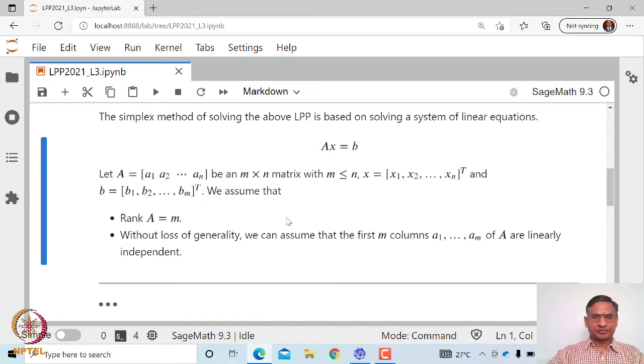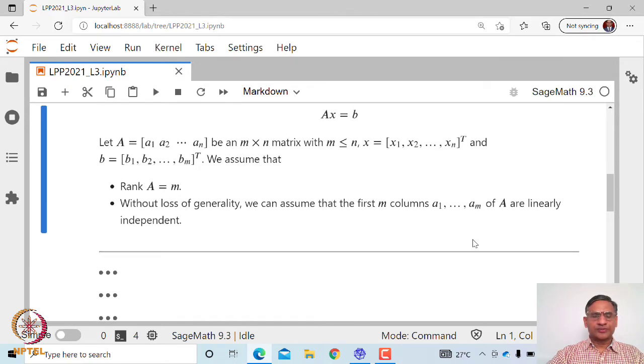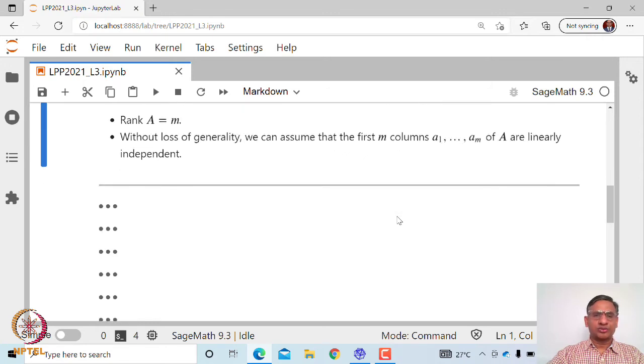In case the first m are not linearly independent, of course we know that some m are linearly independent, so we can always interchange the variables and bring them to the first m columns. So there is no harm in assuming that A has its first m columns linearly independent.